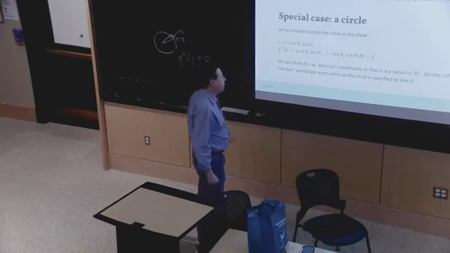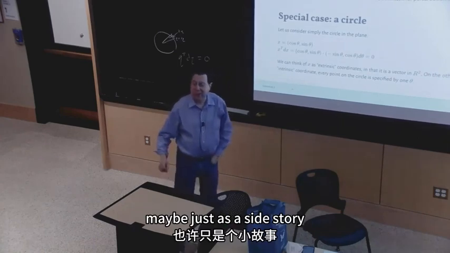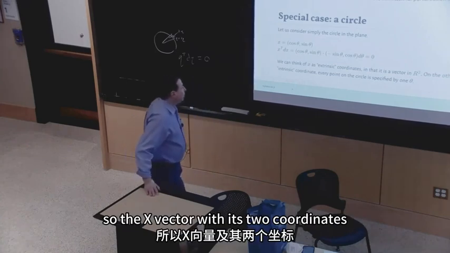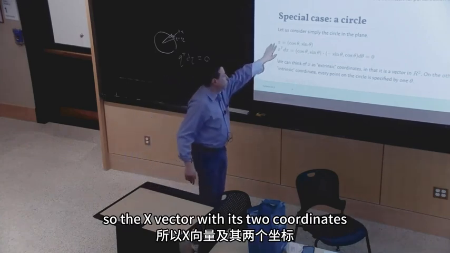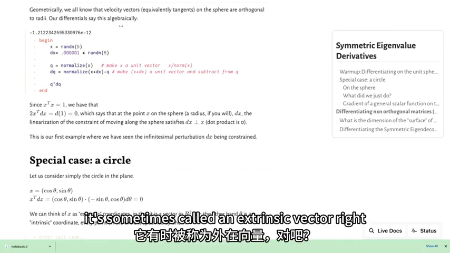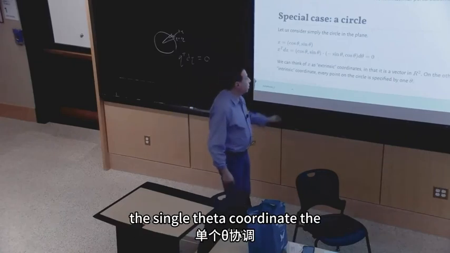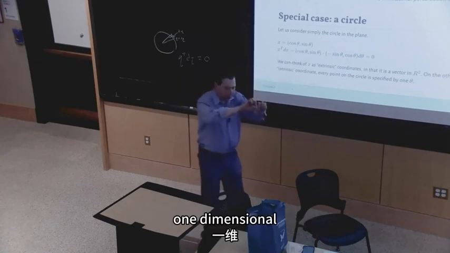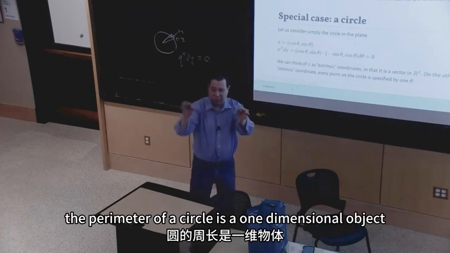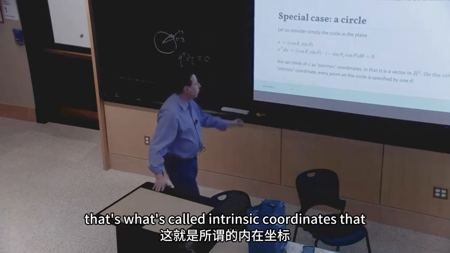And then there's a little bit of math gossip, maybe just as a side story, if you'd like to hear a little bit of math gossip. So the x vector with its 2 coordinates is sometimes called an extrinsic vector, right? It's living in this plane, right? The single theta coordinate, the perimeter of a circle, is a one-dimensional object, right? That's what's called intrinsic coordinates.